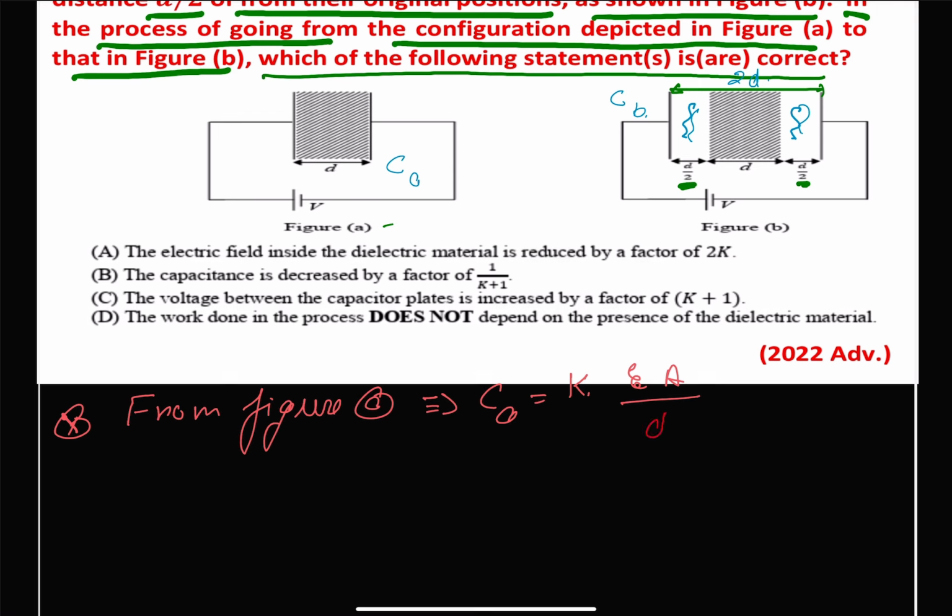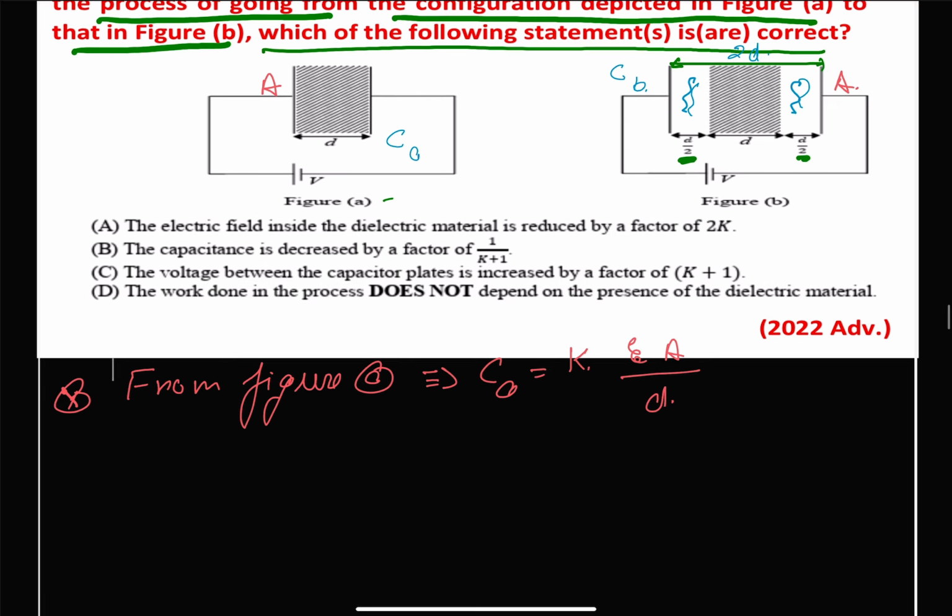Area of the plates will be the same in both cases. Now, from figure B, we can say that the dielectric is only occupying the distance d, and to the left and right we are having air as a dielectric whose dielectric constant is 1. Therefore, we can say we are having two capacitors which are connected in series.